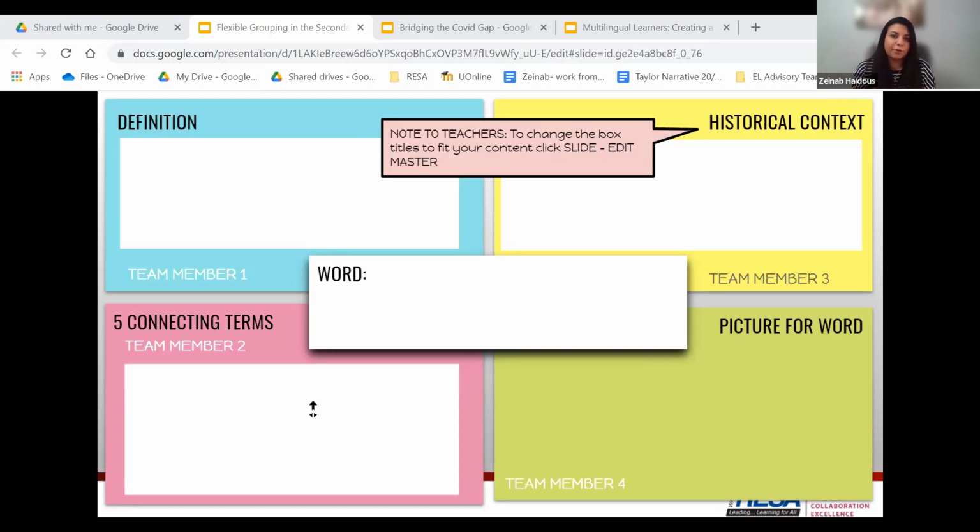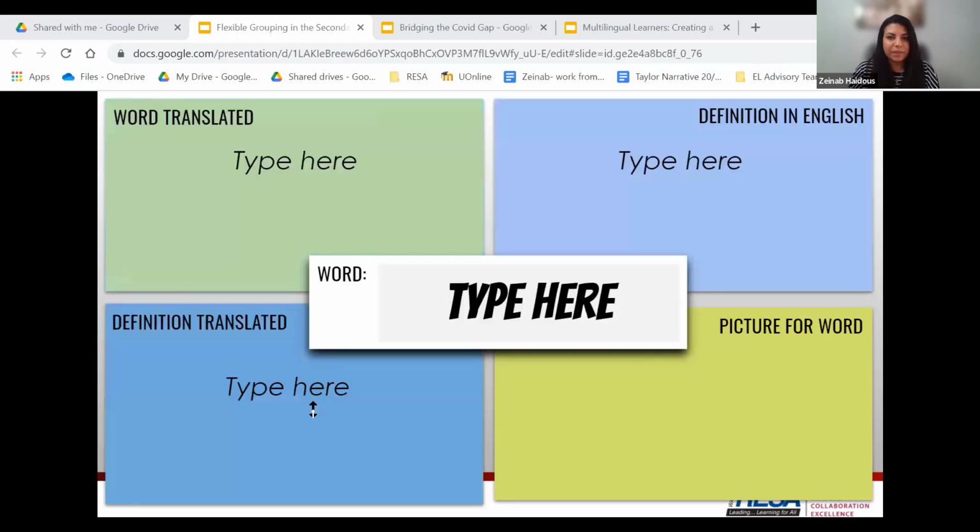The traditional Frayer model uses characteristics, examples, and non-examples to really increase the understanding of a specific word, but you can adapt the categories in each corner to really focus on your different content area or grade level, and then go from there. Here's another visual, also for the Frayer model, with different categories surrounding it as well.